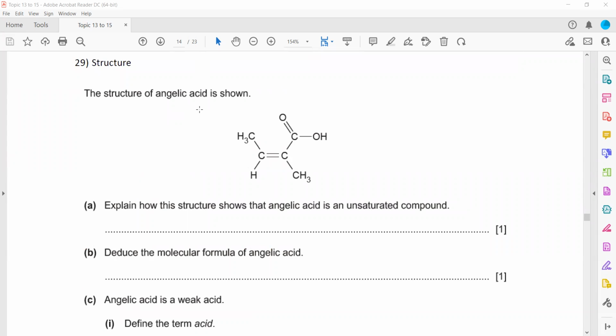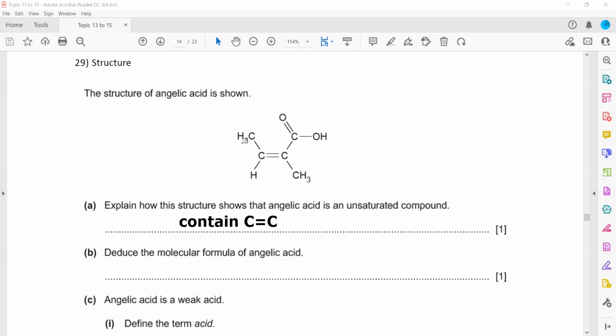The structure question: the structure of angelic acid is shown. Explain how this structure shows that it is an unsaturated compound. The term unsaturated means that it contains a carbon-carbon double bond. How does it show that it is unsaturated? Because it contains a carbon double bond with carbon. Deduce the molecular formula.